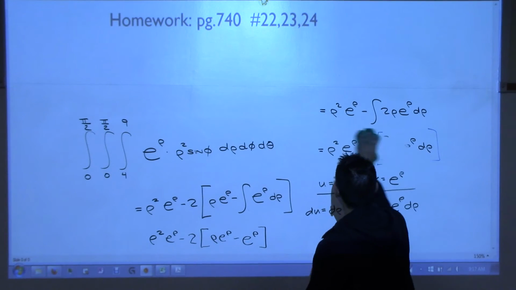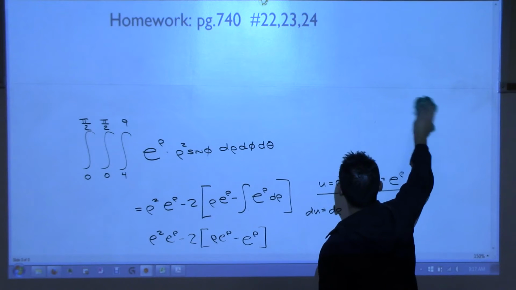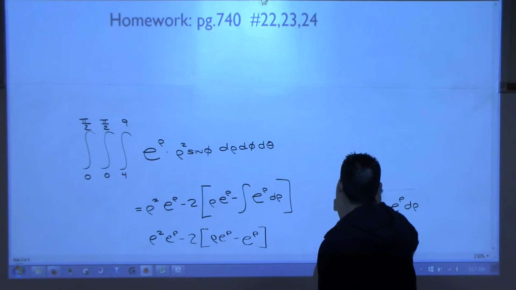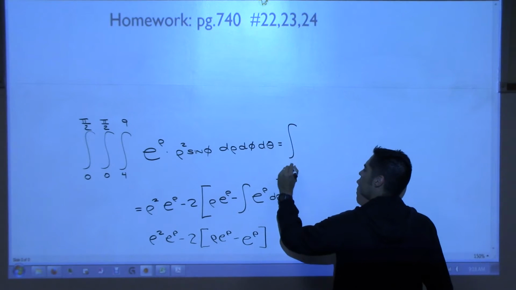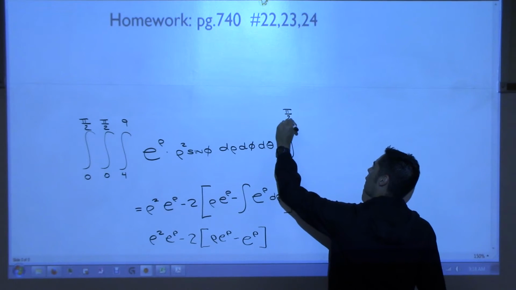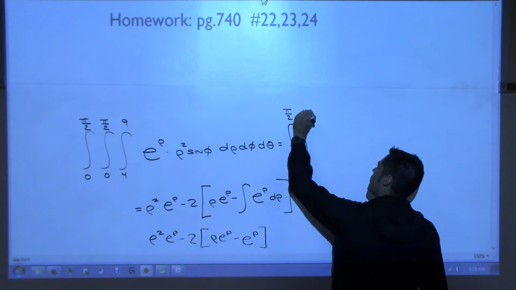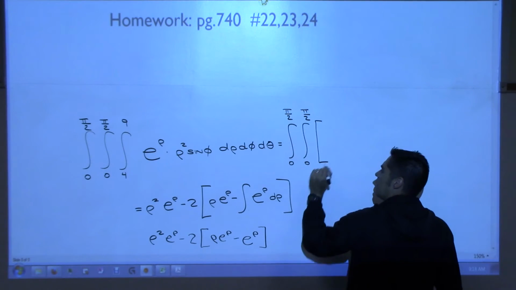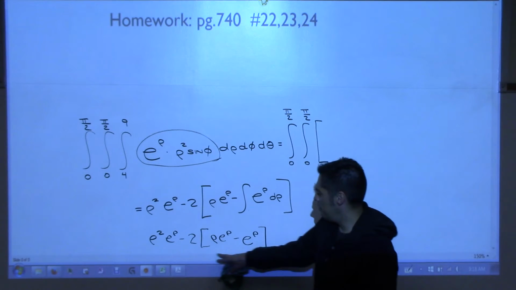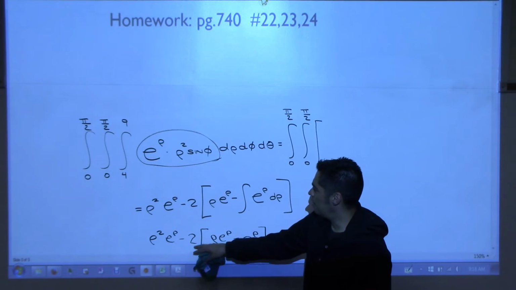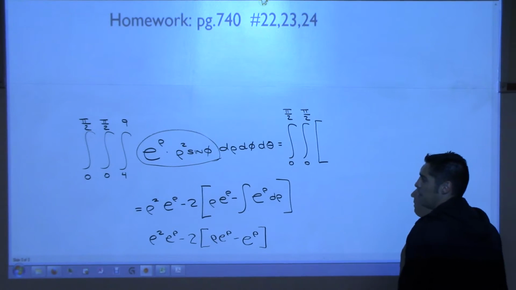So going back to this triple integral, here's what I know. This is equal to integral 0 to pi over 2, integral 0 to pi over 2, and then that inside piece, the antiderivative of this, is all of this. I'll distribute the 2 through in a second, but remember I had that sine phi there.